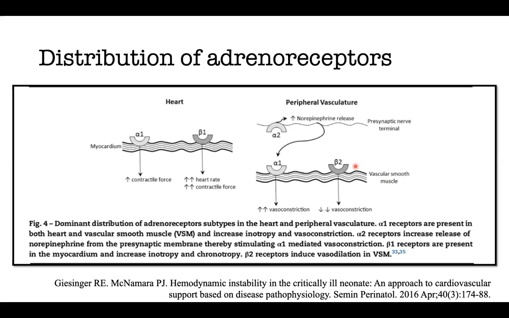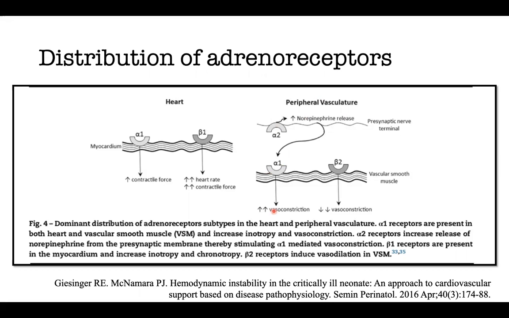In the periphery, you also have beta 2 receptors, which cause the exact opposite effect of alpha 1, that is, vasodilatation. And in the presynaptic terminal of the peripheral vasculature, you have alpha 2. Once alpha 2 is activated, what does it do? There will be increased norepinephrine release, which acts on alpha 1 and causes vasoconstriction.